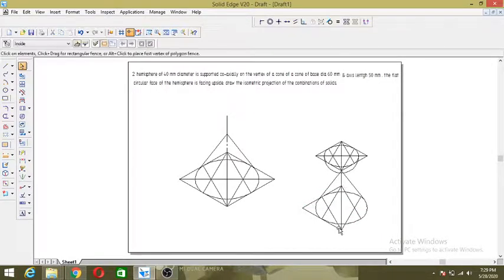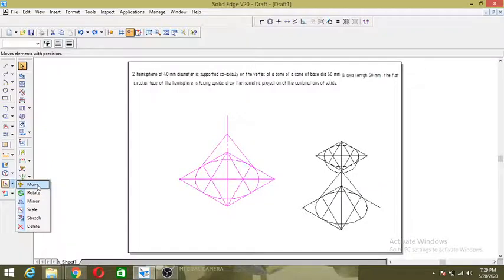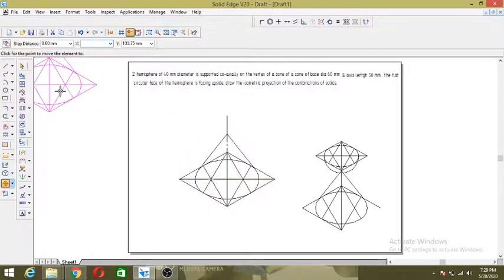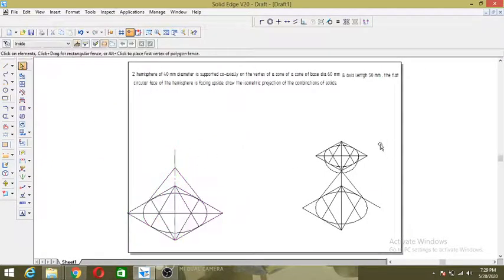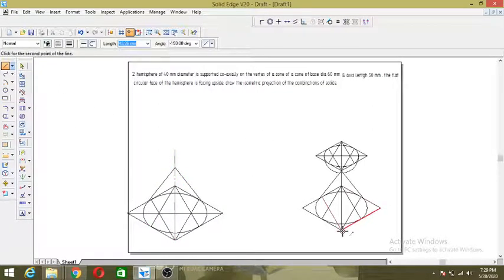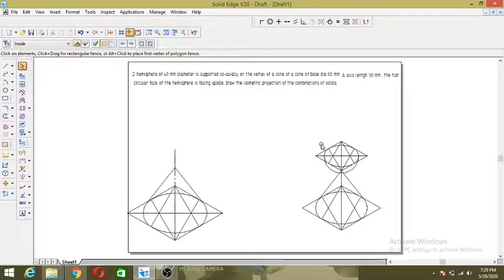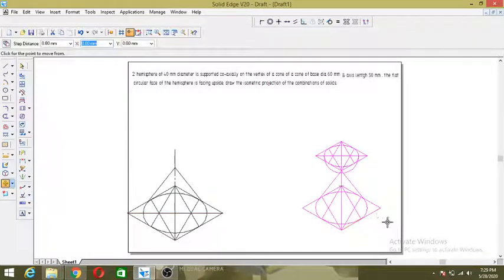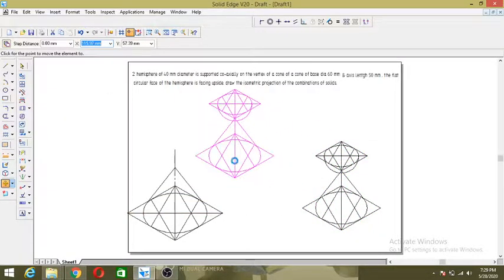Before deleting that, I am trying to turn off this. Keep this one here itself. The examiner may ask how you constructed this. So I'm going to keep these construction lines over here. Then now I'm going to delete.